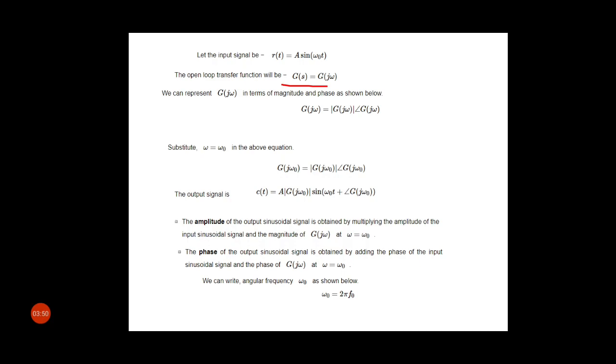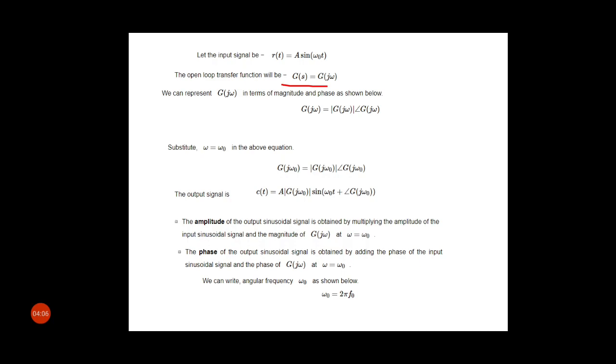So G(s) equals G(j omega), and now we can represent our transfer function in terms of magnitude and phase.